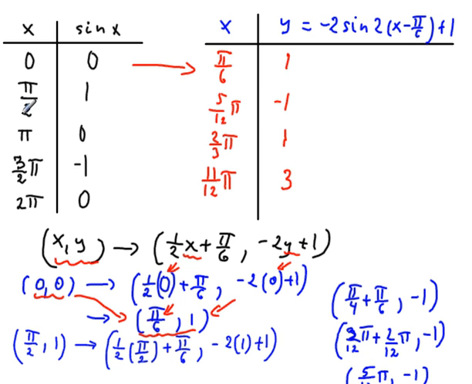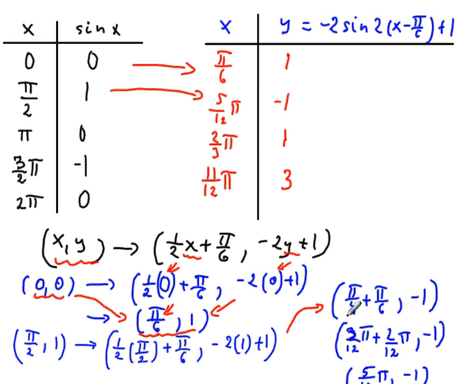The next one, (pi over 2, 1). So the image is (5 over 12 pi, negative 1). And this is obtained by using, again, the same mapping formula. You replace x with pi over 2 and y with 1. So in the process you add and you work with fractions.